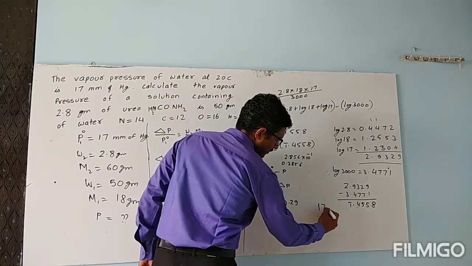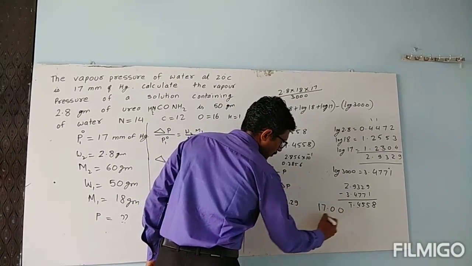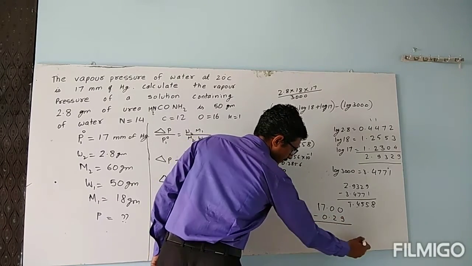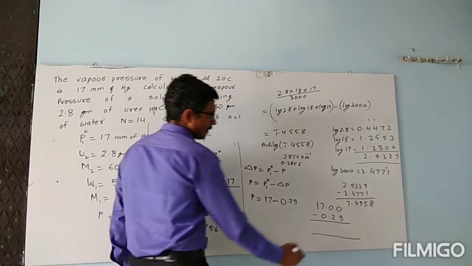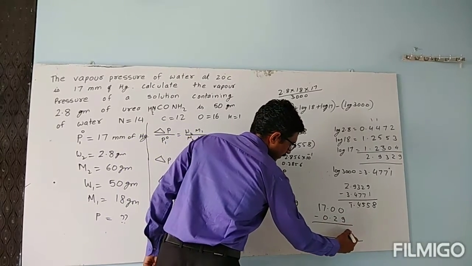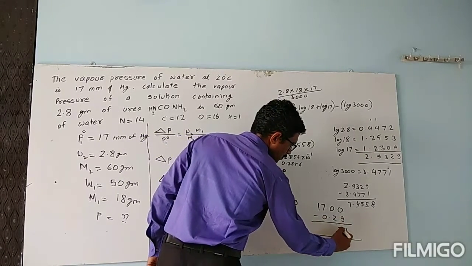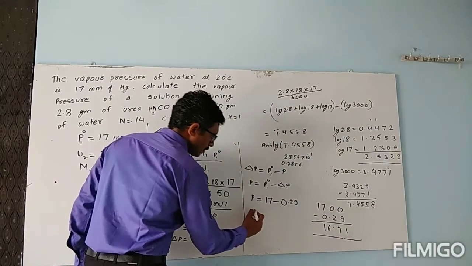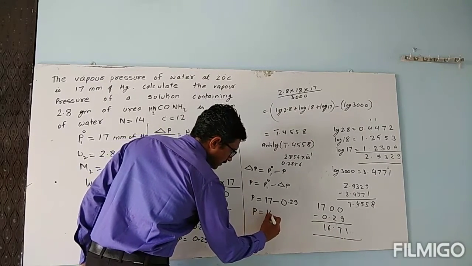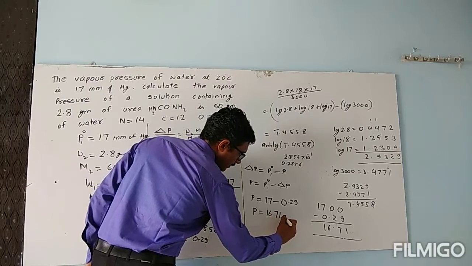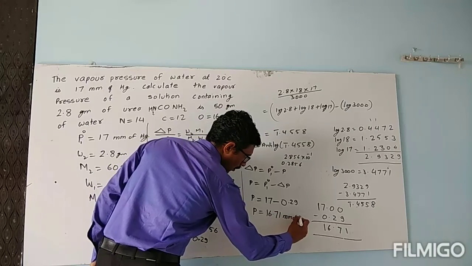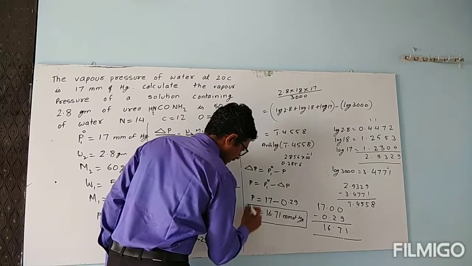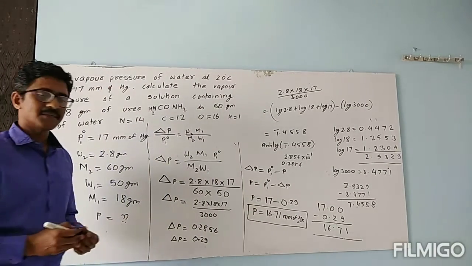Let's subtract it. 17.00 minus 0.29. Subtract it. 10 minus 9, 1. 9 minus 2, 7. Now this 6, this 1. So the P value is 16.71 millimeter of mercury. Dear student, this is the final answer.